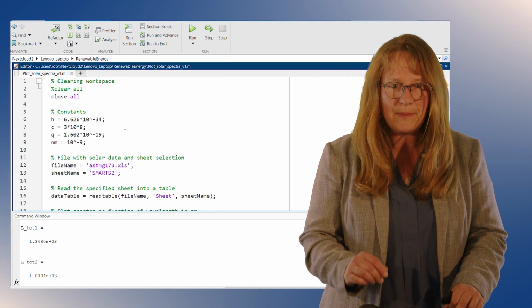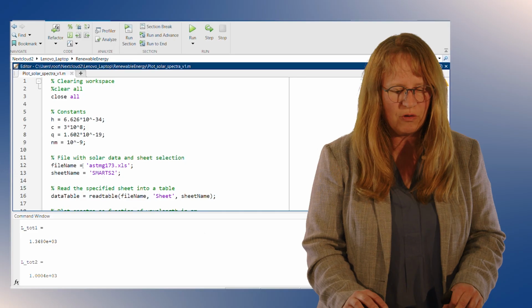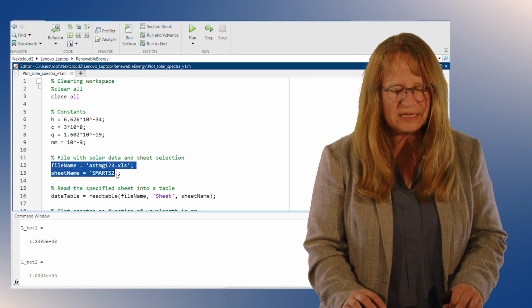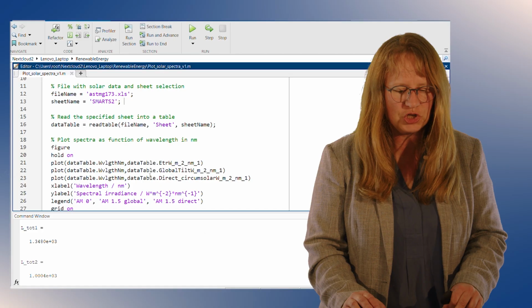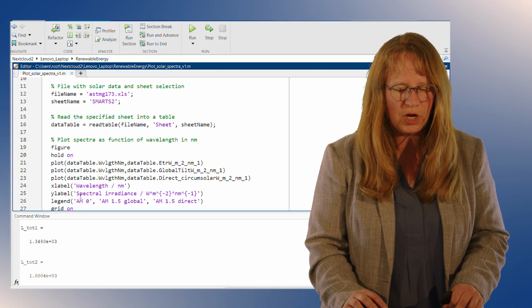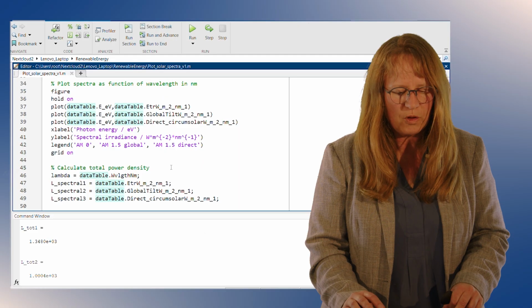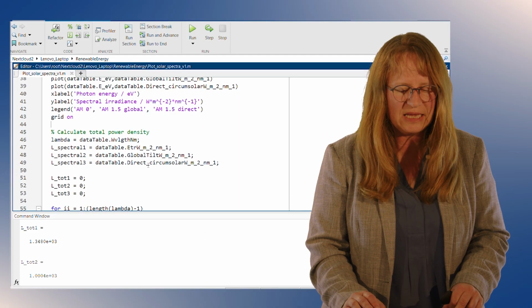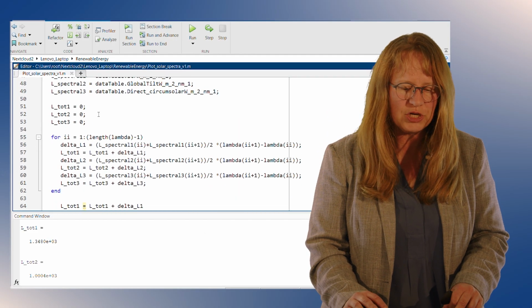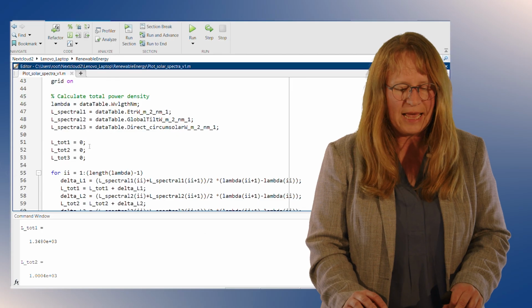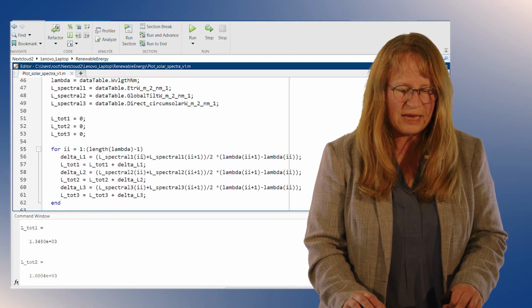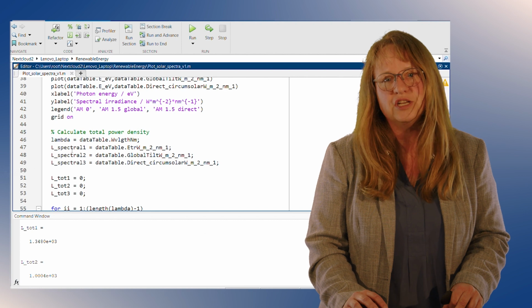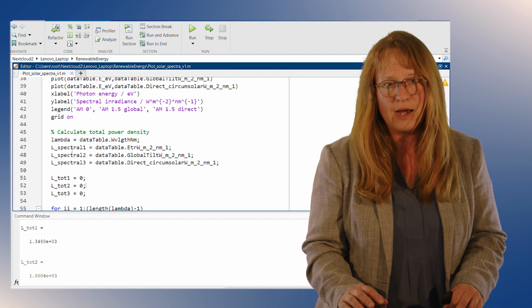Okay, so let's look at our MATLAB program. This is the MATLAB program we did in order to read in these reference spectra from the Excel file. I already showed you how to plot the spectral irradiance. And what we are going to look at now is the integration. The integration part I added here at the very end. In order to do the integration, I first of all want to integrate for all three different scenarios.